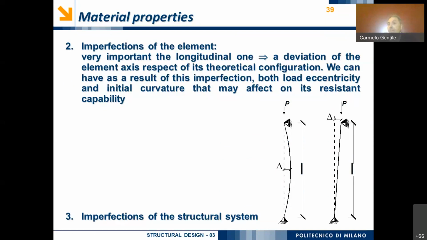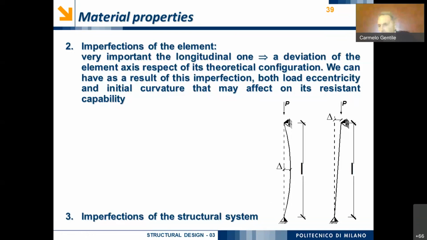Okay, in fact, if we have an imperfection like this or like this, it implies that when we apply an axial load, a bending moment arises, and so the bending moment increases the value of the transversal deflection. If no imperfection is present when we apply an axial load, there is no transversal deflection and so no increase in bending moment.